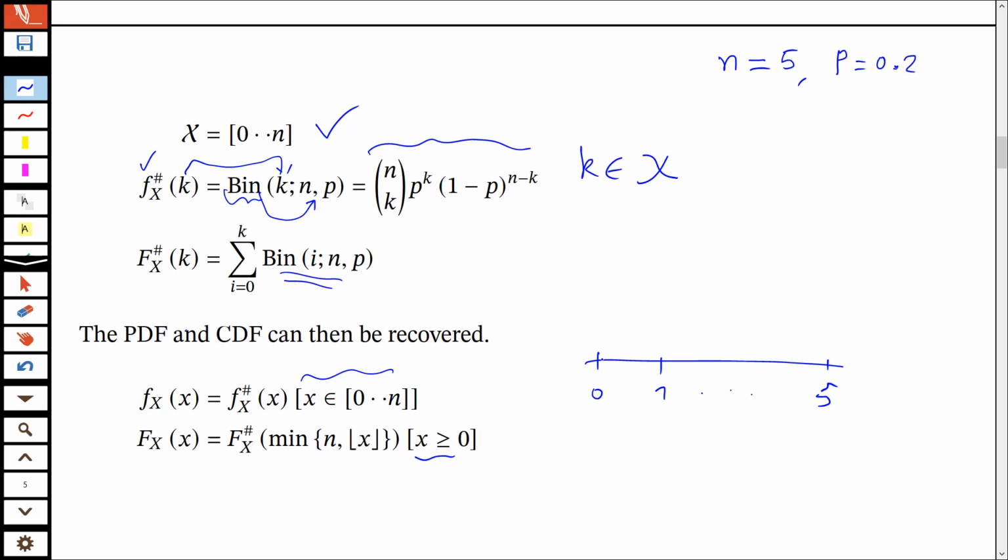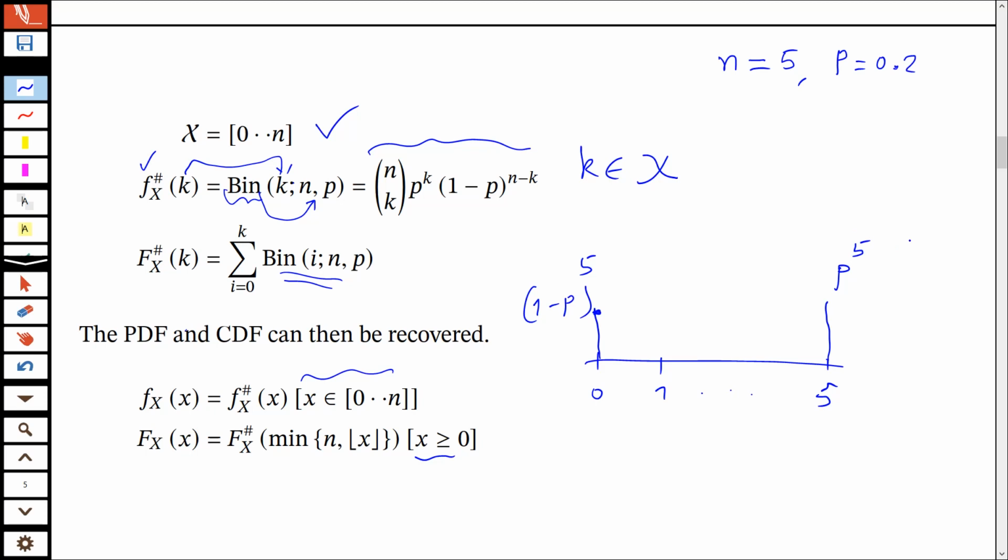At 0, I will have no success, so I will just have 1 minus P raised to 5, because all are failures. And this will be one of my probabilities.